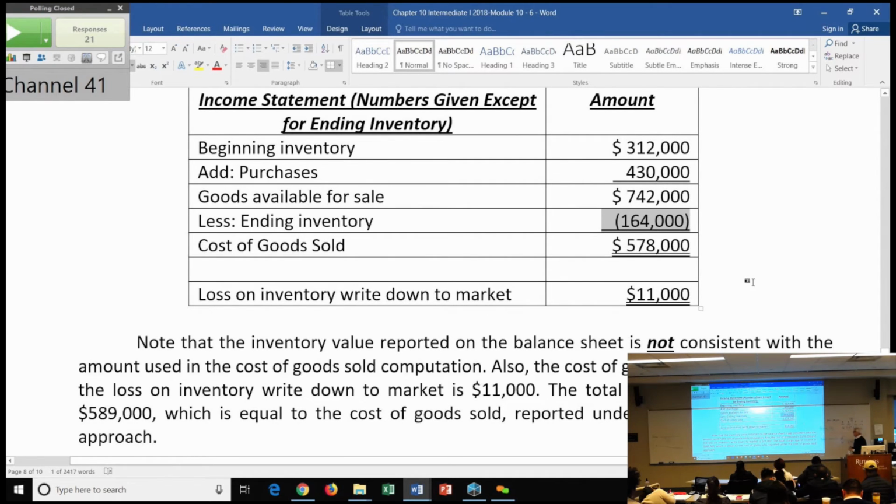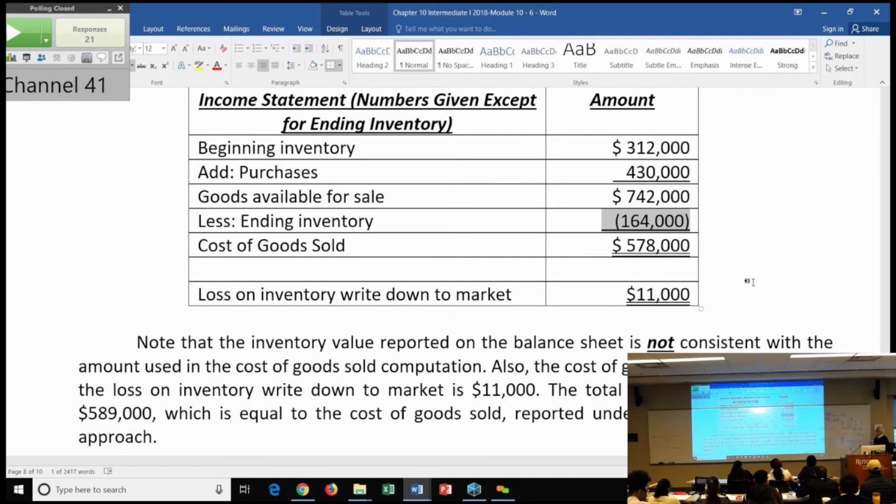So now, the cost of goods sold on the indirect, this is direct, it's 578. The difference is a loss. Same amount. It comes to the same amount, but it's going to be shown differently.